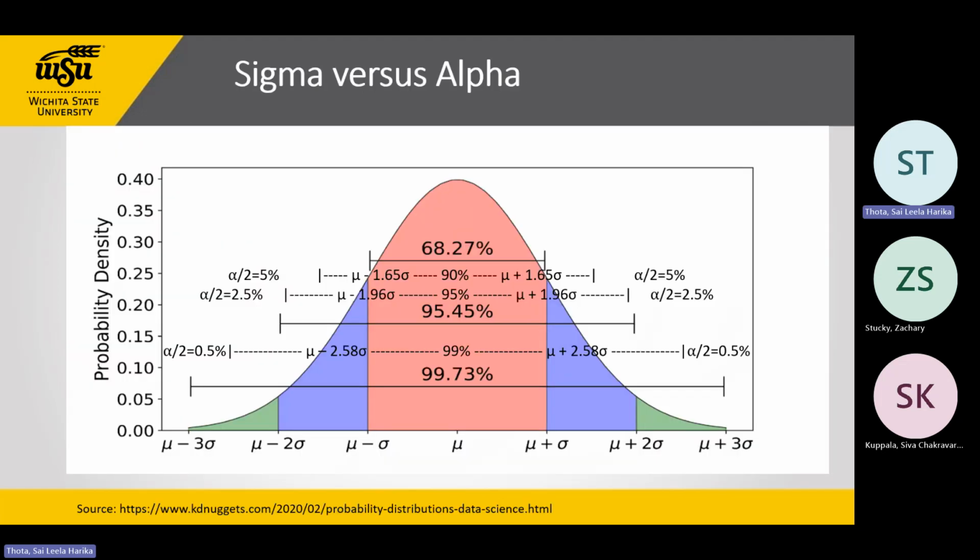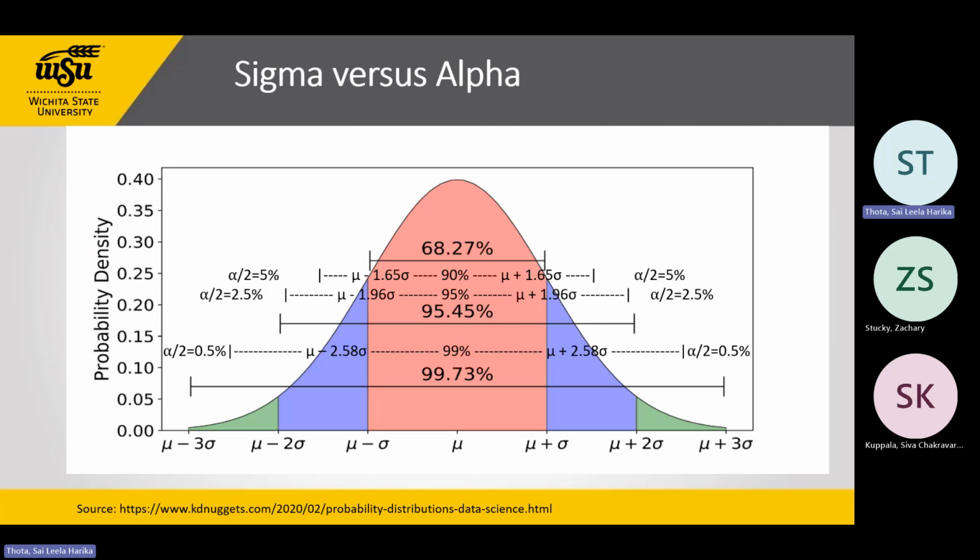Okay. So at a 90% confidence interval, we have alpha equal to 10% on both sides. When the confidence interval is 95%, we have alpha values of 2.5% and 2.5%, which is 5% in total.